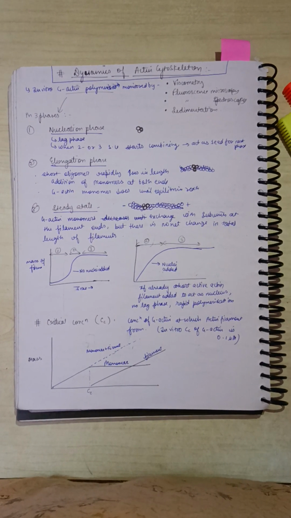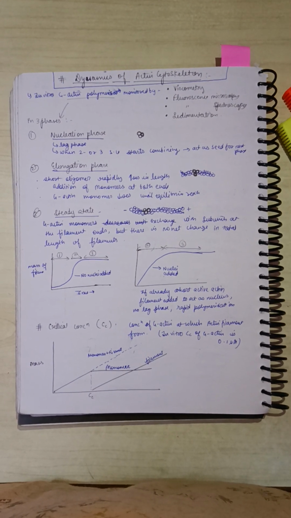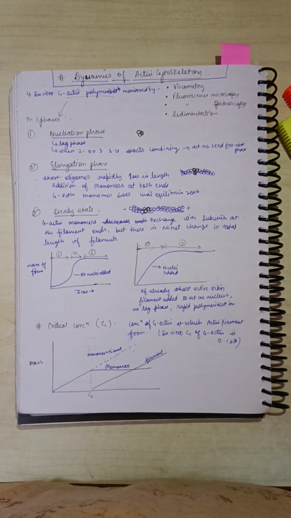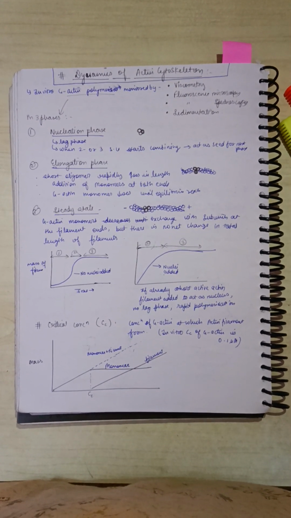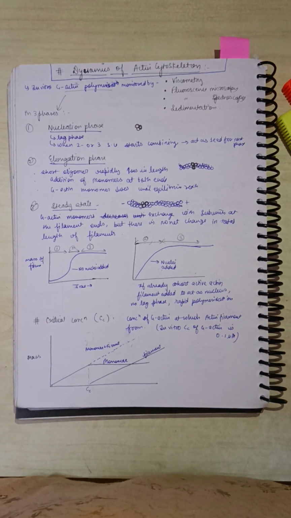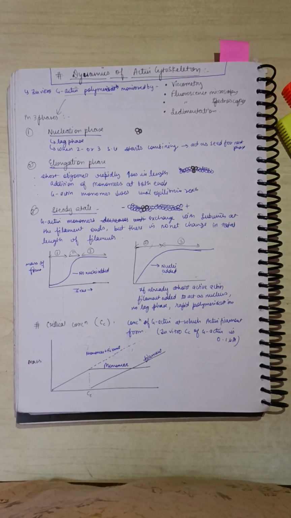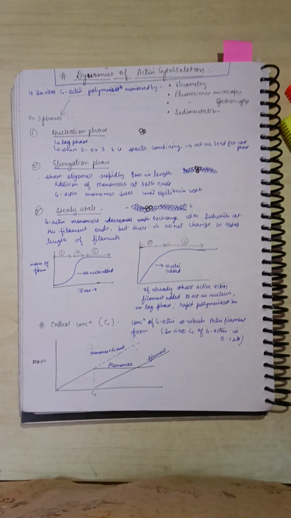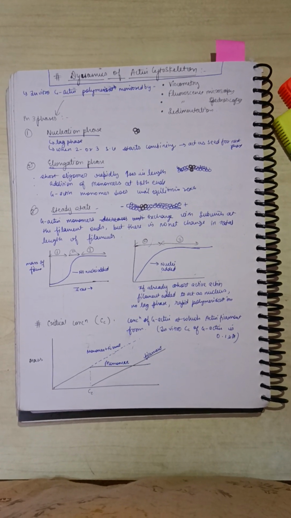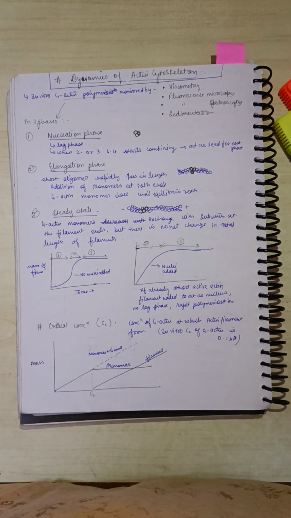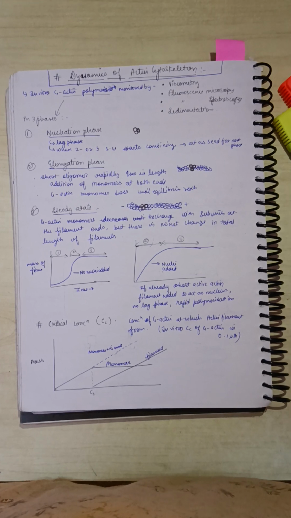So the very first question that arises in our mind is, how can we monitor G actin polymerization? The answer is yes, we can monitor G actin polymerization by four methods: viscometry, fluorescence microscopy, fluorescence spectroscopy, and sedimentation. When G actin polymerizes, the basic subunits get attached to each other and make a fine actin filament.